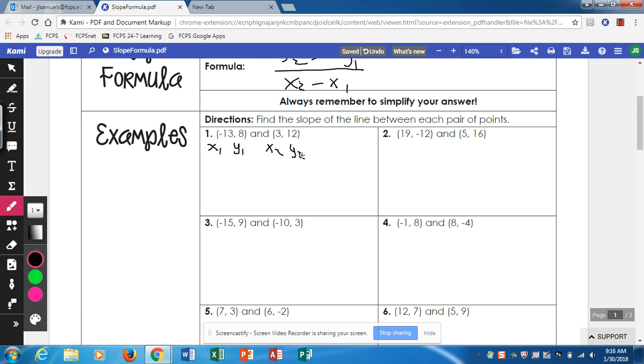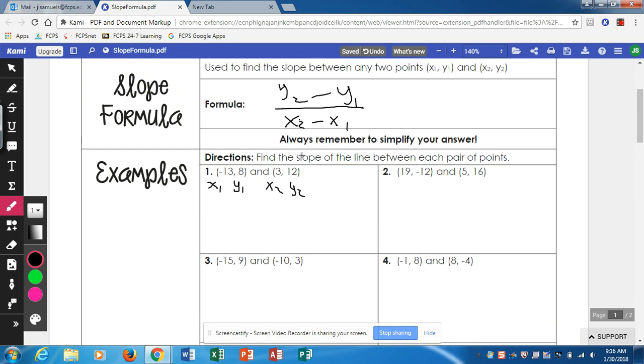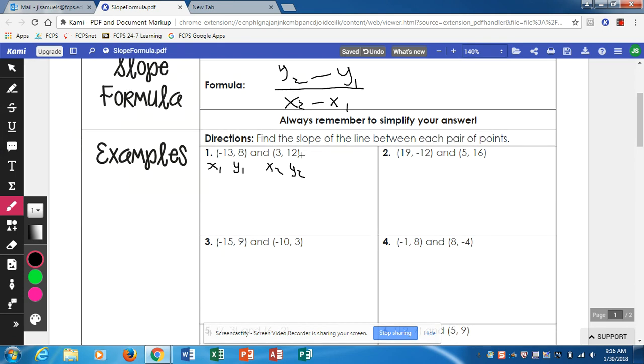Okay, so remember the formula is y2 minus y1 over x2 minus x1. So we have 12 minus 8 over 3 minus negative 13.